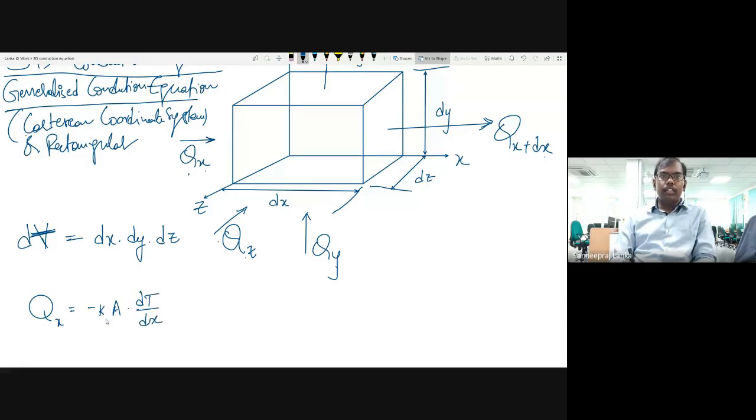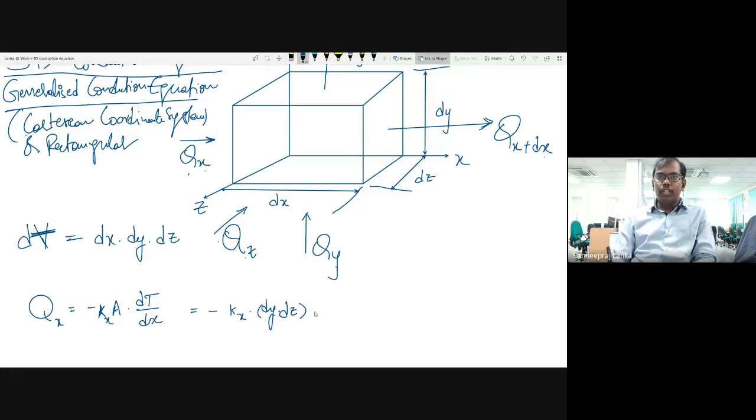So this k I should take in x direction. Because I'm taking it in x direction, I'll be taking it as kx. So minus kx into what is the area here? This is dz, so this is dy. So it is dy into dz.